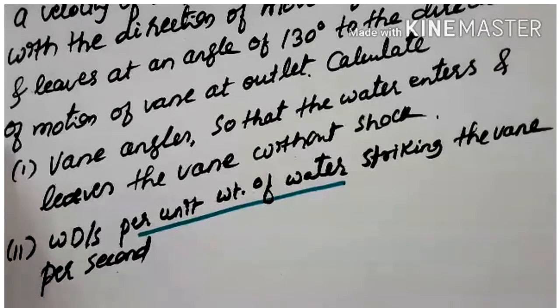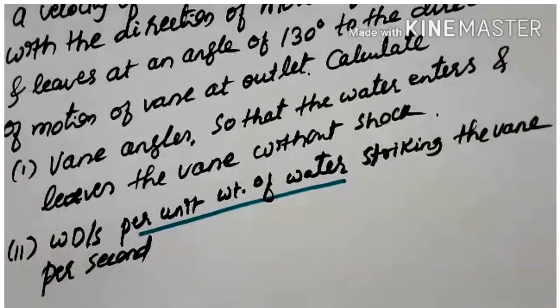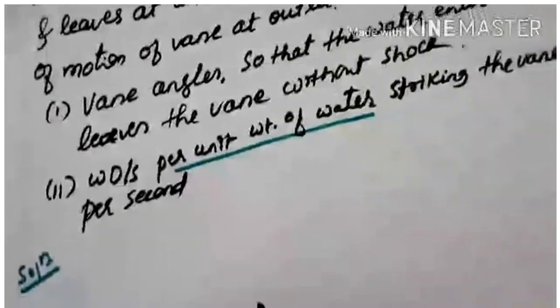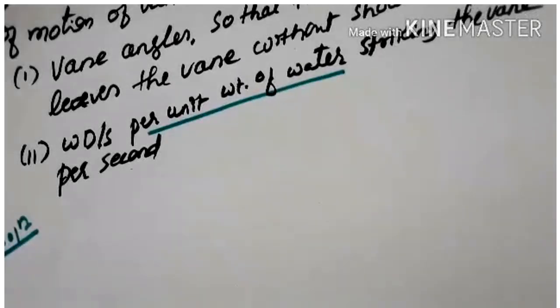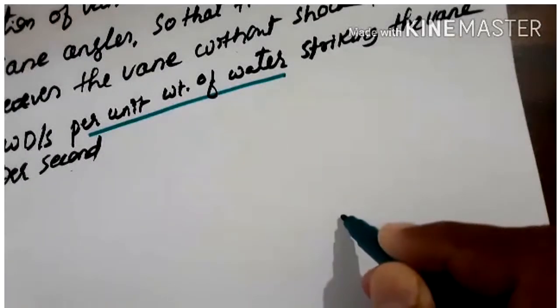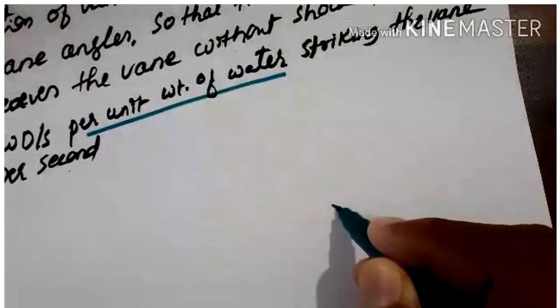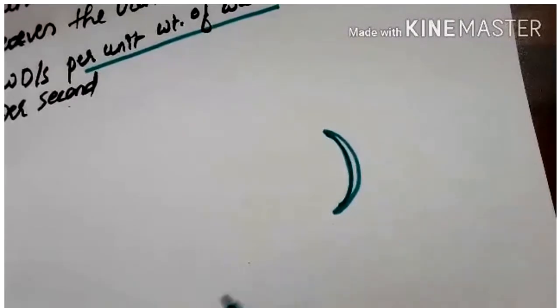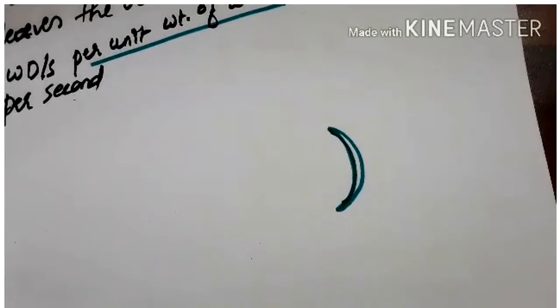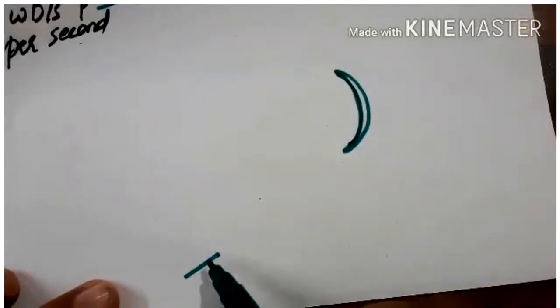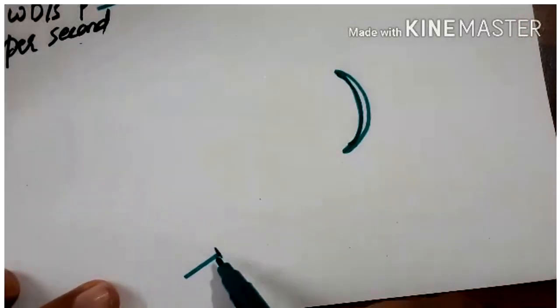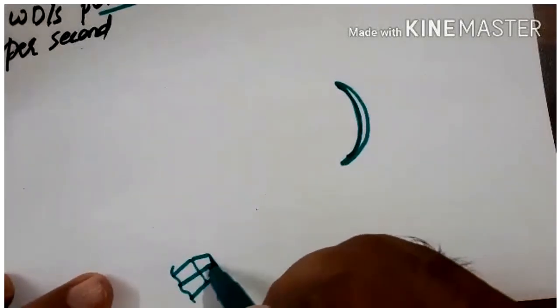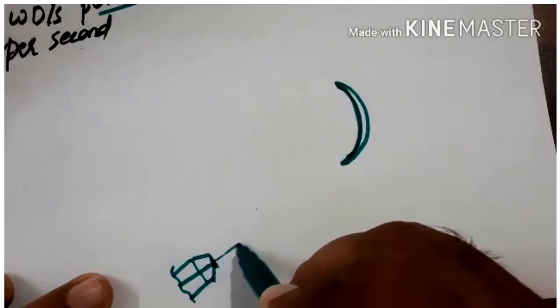So we need to solve this problem by drawing the velocity triangle at inlet as well as at outlet. First let us draw the velocity triangle. Here this is the curved vane. Let us consider that the nozzle is fitted like this, and from this nozzle the jet strikes the vane.